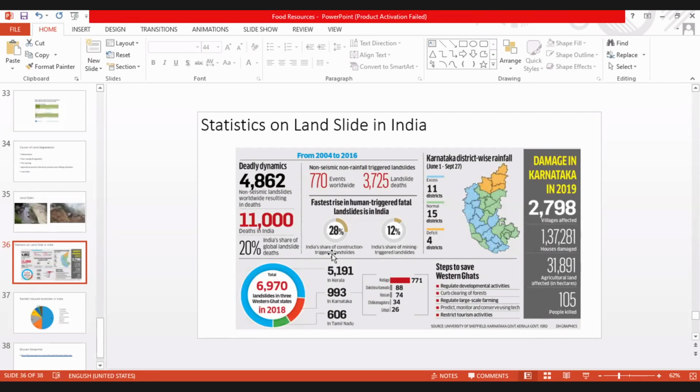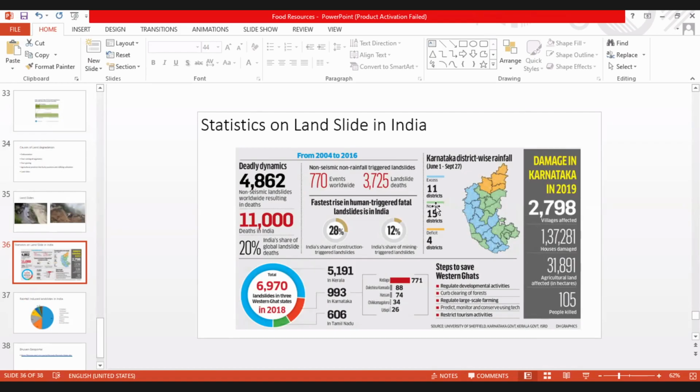So India's share of construction-triggered landslide is 28%, whereas India's share of mining-triggered landslide is 12%. So this is quite a high percentage. Okay, and global share is 20%. So India's share of global landslide death is 20%. This is quite large. Okay, so these are the factors when we talk in terms of statistics.